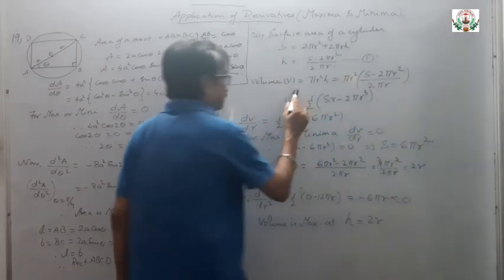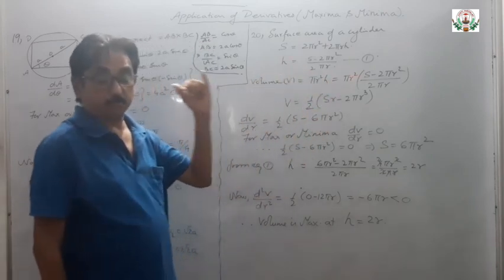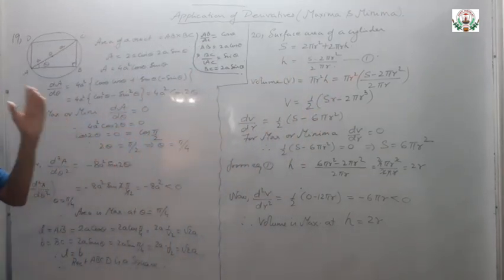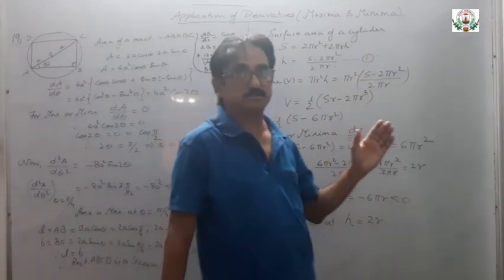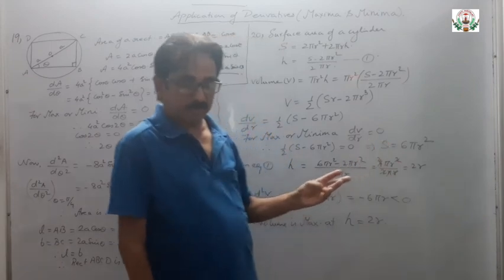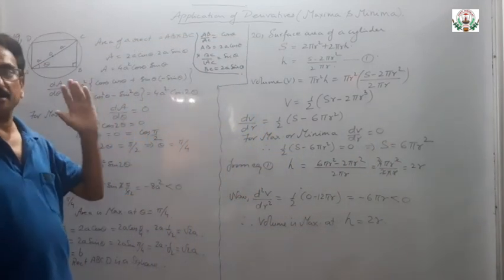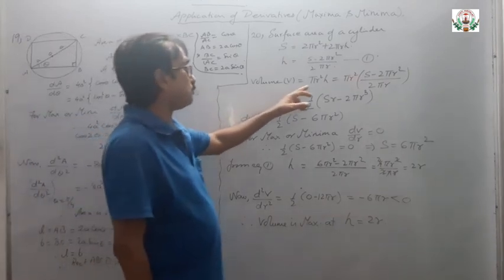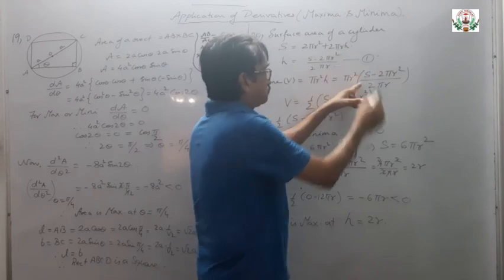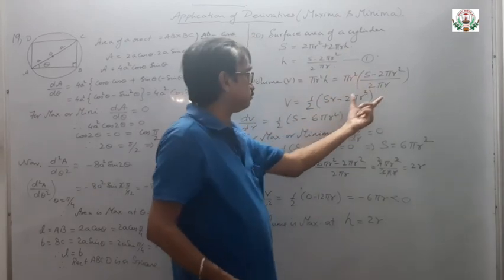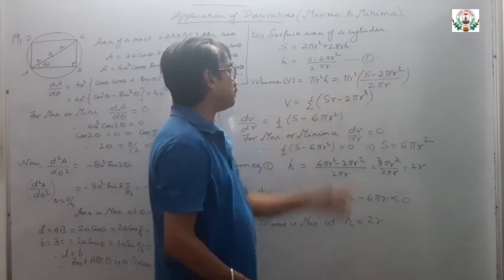So volume of a cylinder is pi r square h. All the formulas related to the mensuration part we are studying from class 9th onwards. So all those formulas, cone, sphere, cylinder, everything you have to learn by heart, all the formulas. So volume is pi r square h, and we will put the value of h from equation 1, and when we simplify we will get volume equals 1 by 2 of S r minus 2 pi r cube.